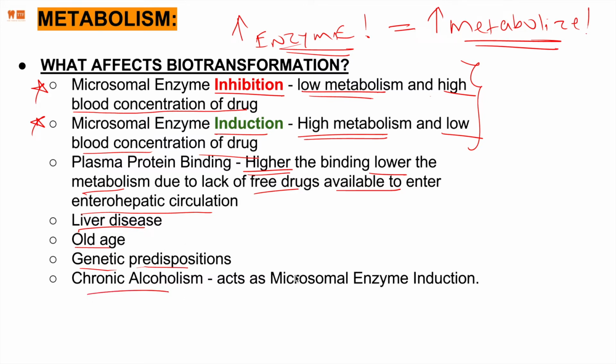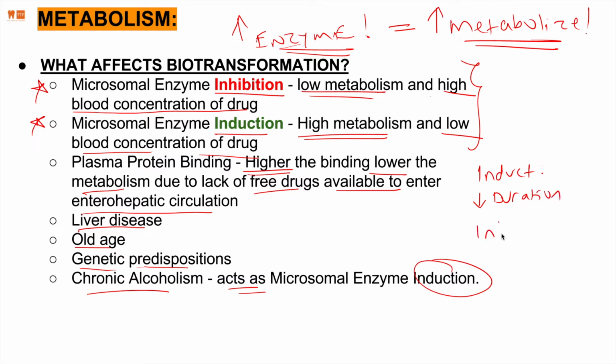Chronic alcoholism will act as enzyme induction. It will make the other drugs that you take with the alcohol have a faster metabolism. So what does that mean? When there is an induction, the drug's duration of action reduces.